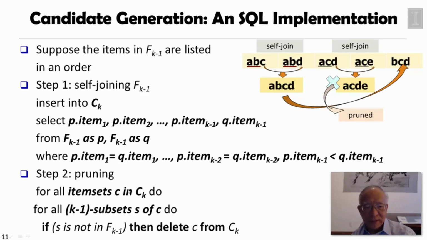For this candidate set, we still need pruning. The pruning essentially checks whether the k minus 1 subsets are contained in F sub k minus 1. If S is not in F sub k minus 1, then we delete this candidate from the candidate set C sub k. So this is the candidate generation, the key step of the SQL implementation of Apriori.